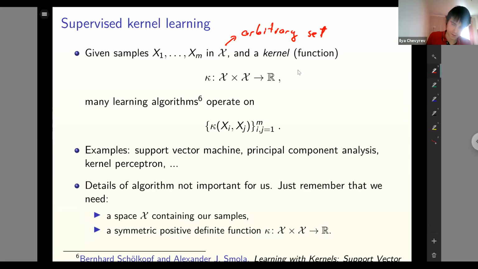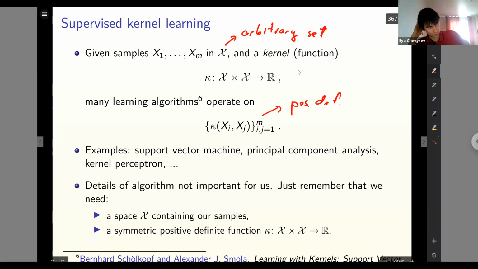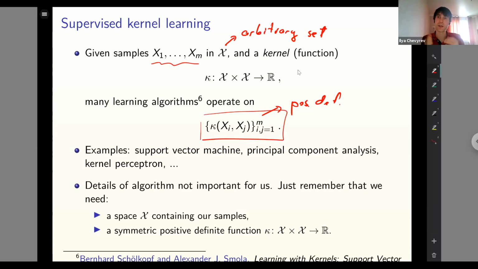That means that this matrix is positive definite for all choices of x_i and x_j. There are a number of machine learning algorithms that operate with just these inner products, and not necessarily with the samples themselves. So you use the samples to create this big matrix, and then there are a number of ways of extracting information from the data just from this matrix.